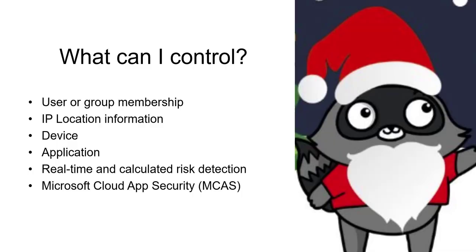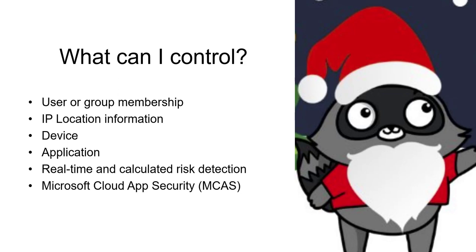So what can I control with conditional access? The common signals that conditional access can take into account when making policy decisions include the following signals: user or group membership, so policies can be targeted to specific users and groups, giving administrators fine-grained control over access. IP location information.